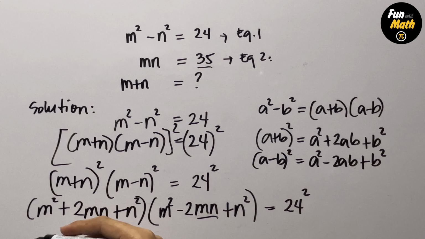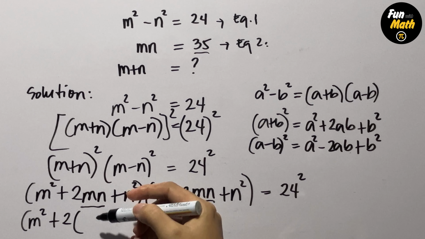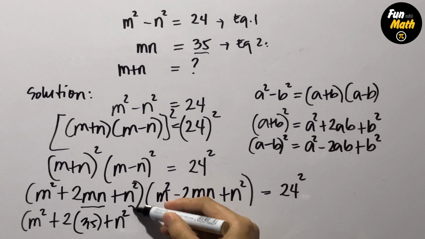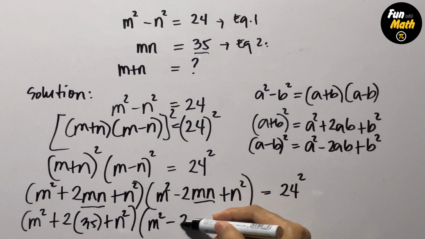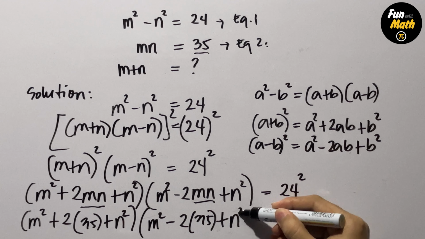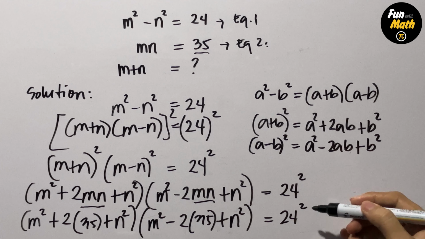So this is now m squared plus 2 times 35 plus n squared times m squared minus 2 times 35 plus n squared equals 24 squared.